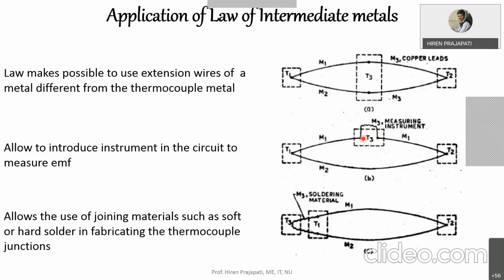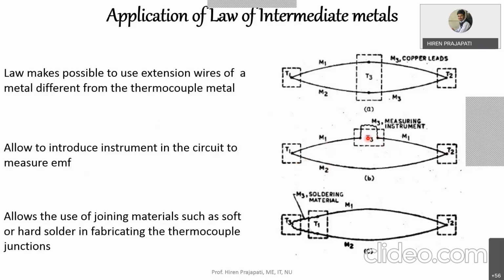But if this junction is at the same temperature T3, then again the EMF generated by the M1 and M2 combination between T1 and T2 will not change as per this intermediate metal law, right? So we can do accurate measurement without any error from material change.